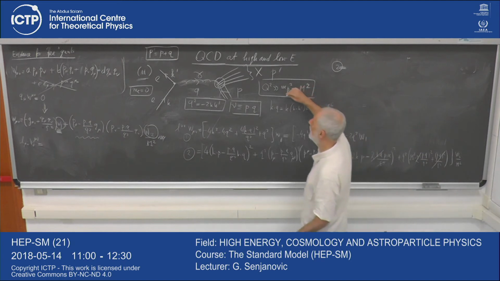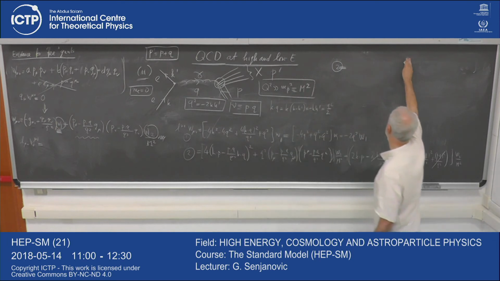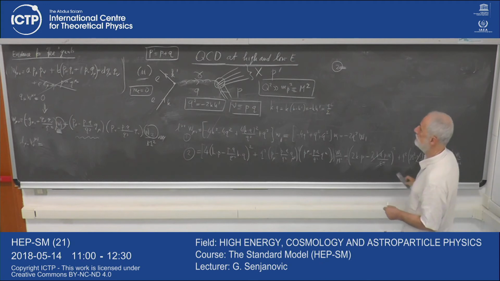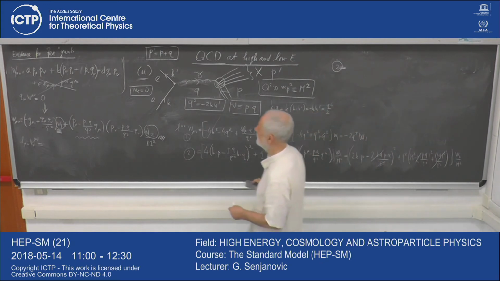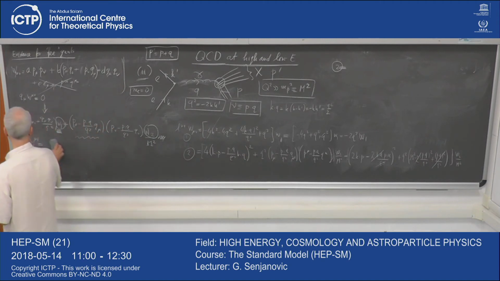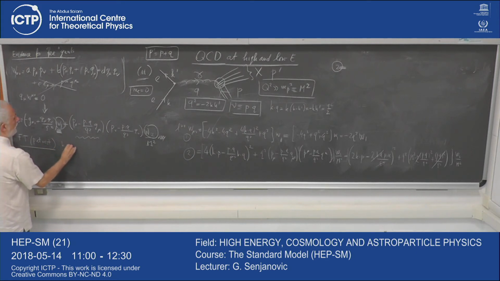K dot P, did I write it somewhere? I go to the fixed target frame, proton at rest. Then K dot P is ME, K dot Q is ME minus E prime.